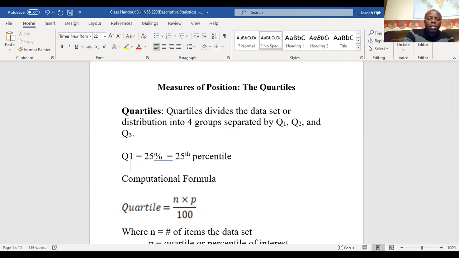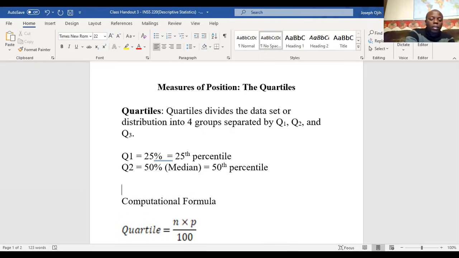The second quartile, Q2, is the first 50%, which is the same as the median. We also say that it is equal to the 50th percentile.